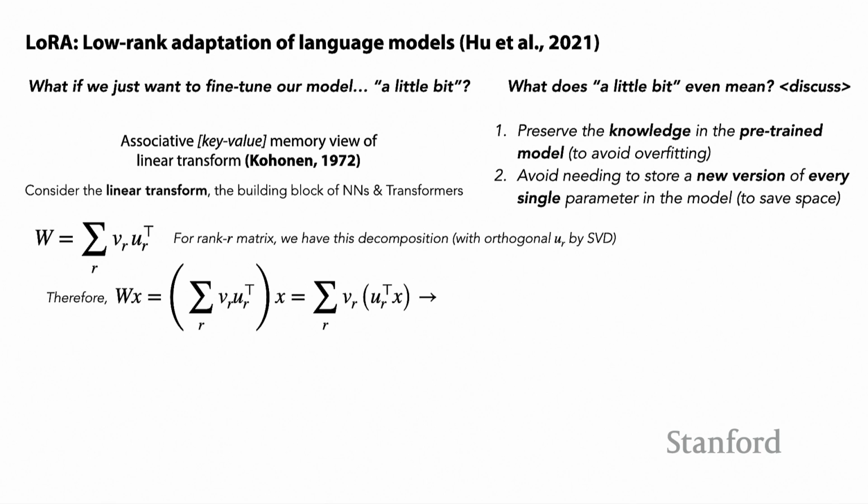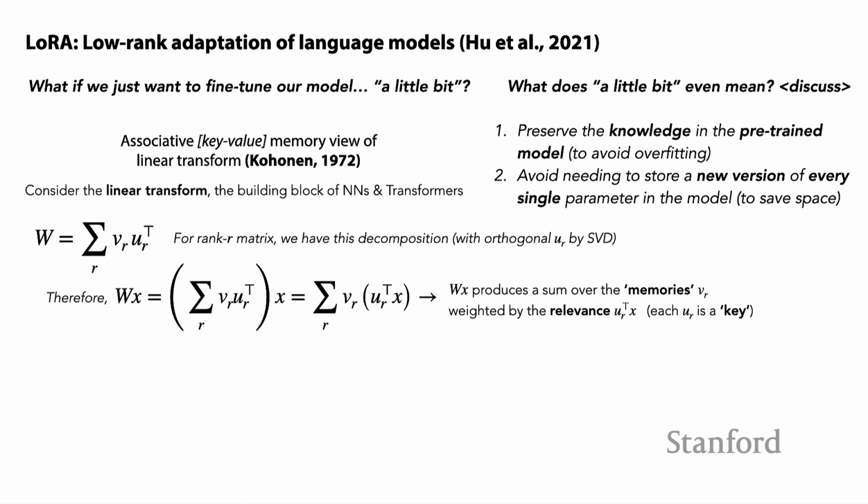Using this decomposition, if we evaluate the matrix-vector product with some input, we can rewrite it. So we can push the x inside the sum. And we have essentially a weighted sum of each vector v_r weighted by the inner product of x with this particular u_r. So this is barely algebra at this point.